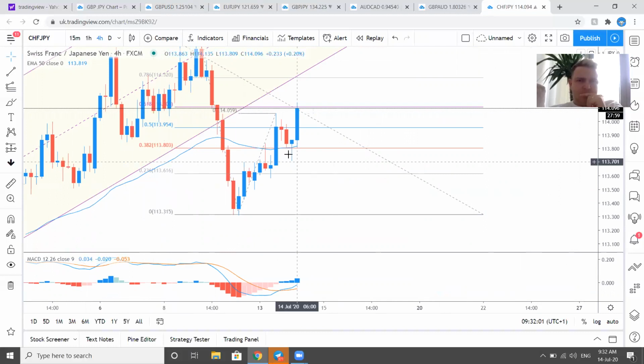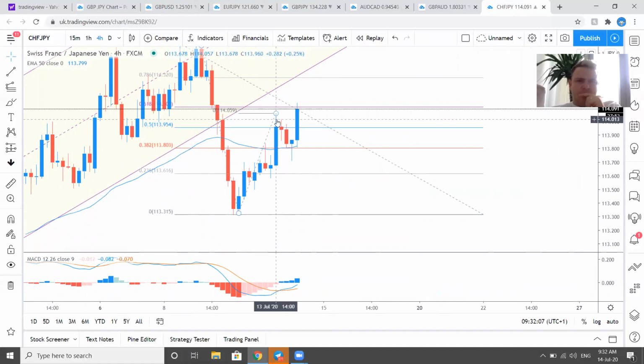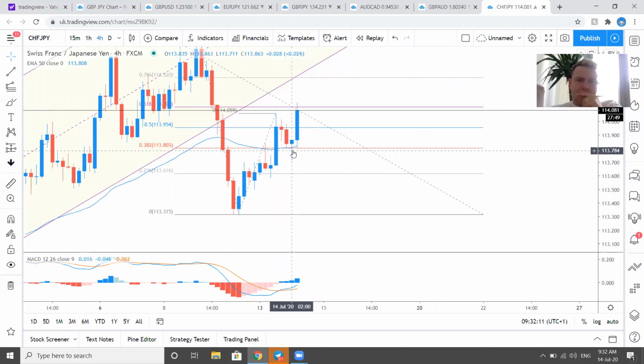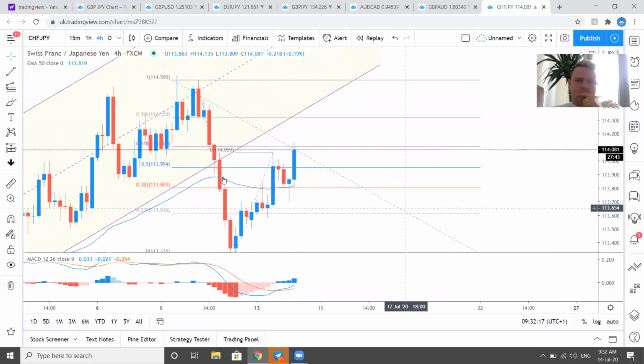Notice how the levels are being respected. The 38 rejected, then punched straight through. Once it punched through, it rejected off the 61 and bounced off the 38, and then went back up to the 61.